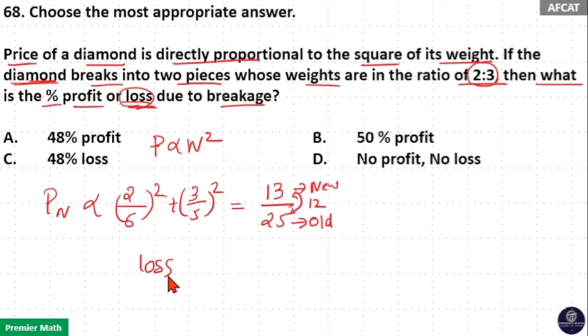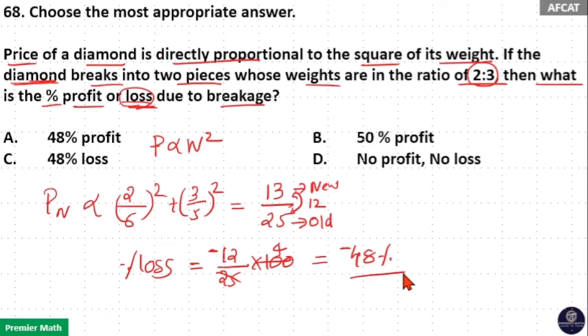So percentage loss is equal to sell price minus cost price, that is new weight minus old weight, which is minus 12 divided by old weight, which was 25, into 100. So 25 goes 4 times in 100, 12 into 4 is equal to 48%. So the minus means loss. So option C is your answer.